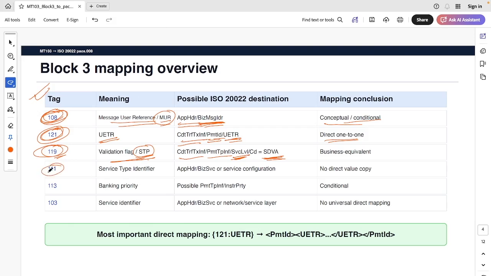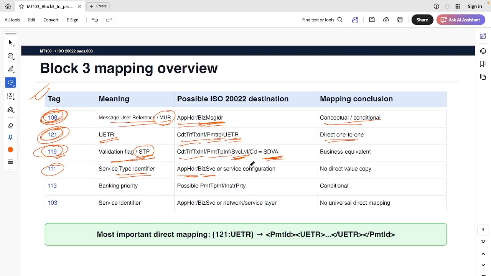Then field 111 is service type identifier. It tells you which Swift service the message is being sent under. Think about it as a field that identifies a specific channel or service context on the Swift network that this message belongs to. So when converting to ISO 20022 application header, there is a field called business service that plays a similar role.